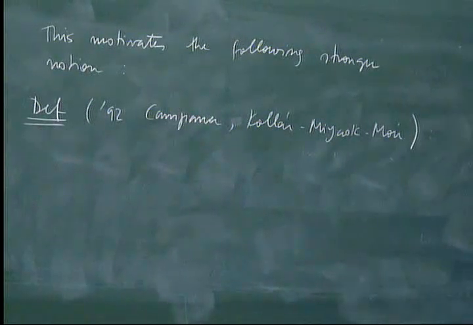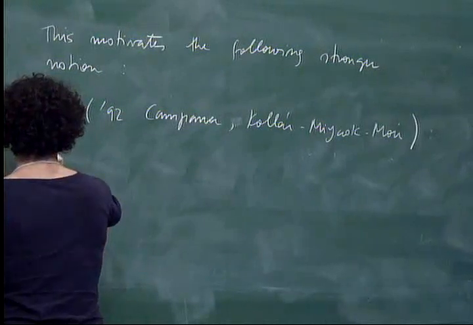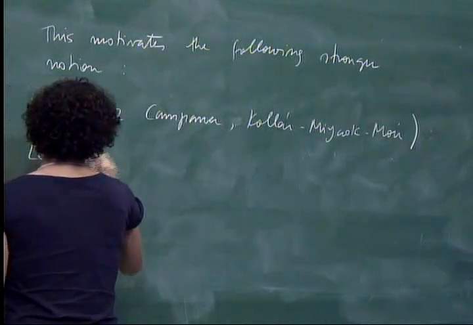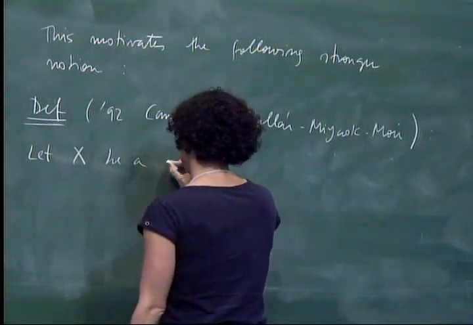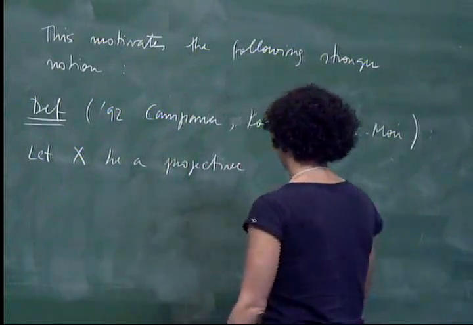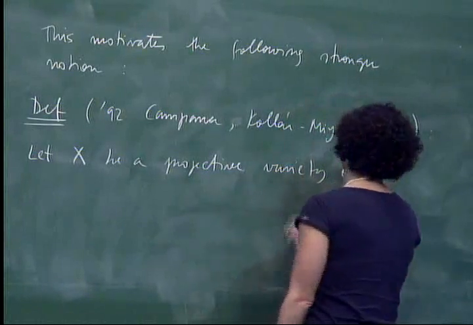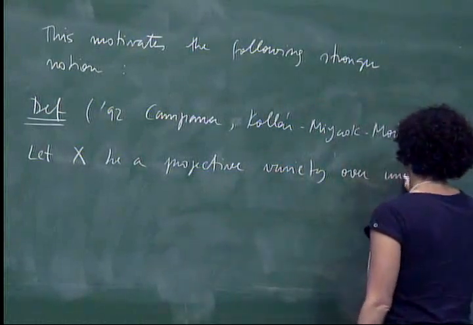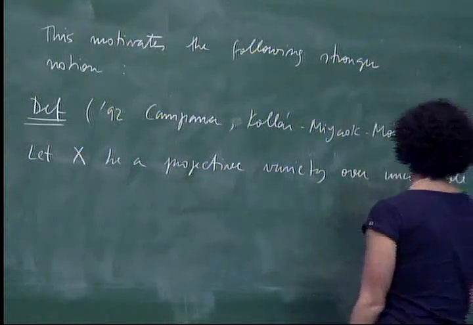There are many different ways to define rational connectedness. I will give the most naive definition. So for that, let me just put some extra assumptions. So let X be a projective variety over an uncountable algebraically closed field K.